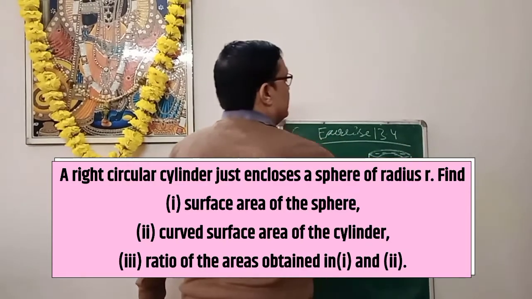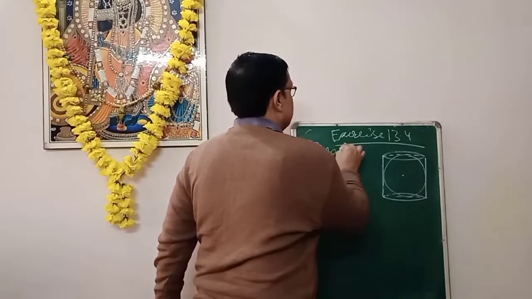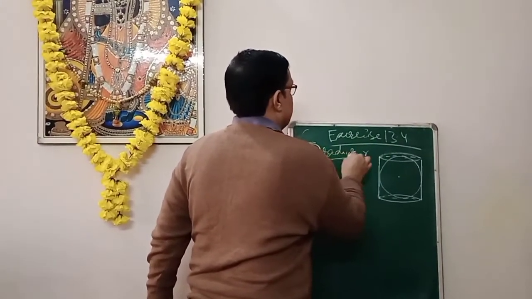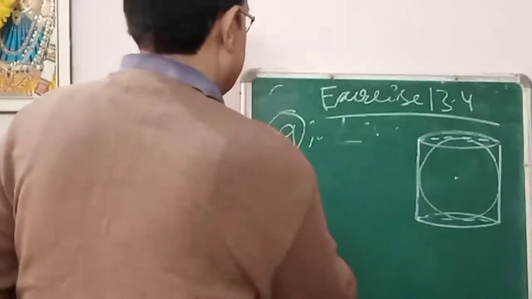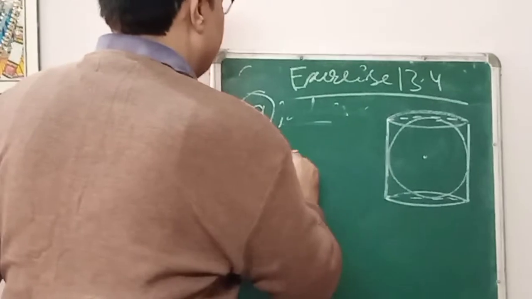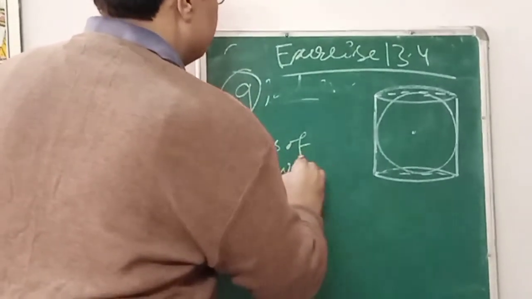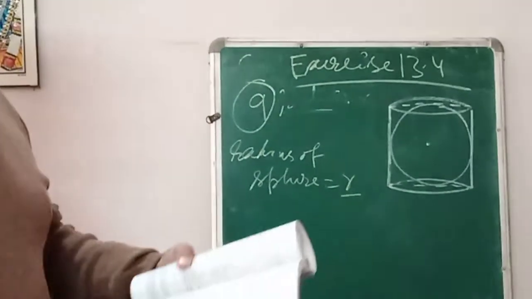This sphere has a radius of r. As per the question, it is given as r.